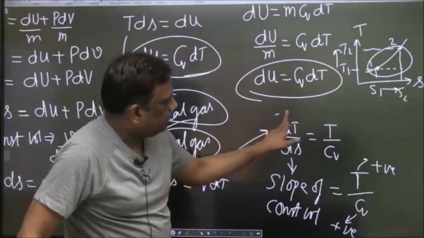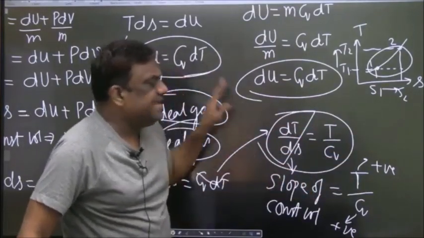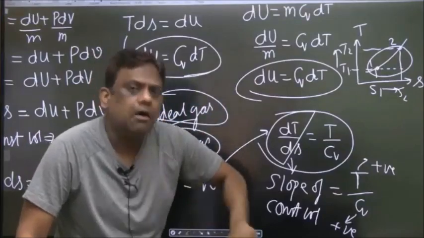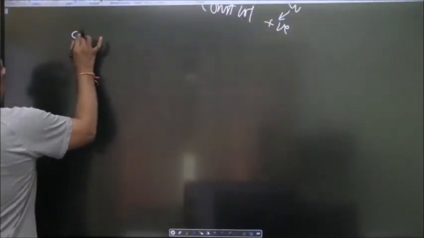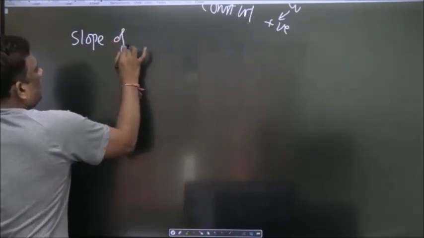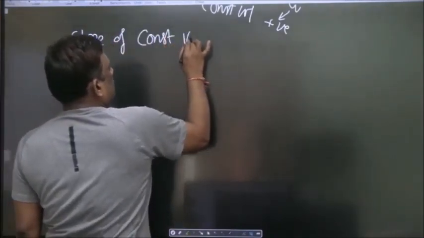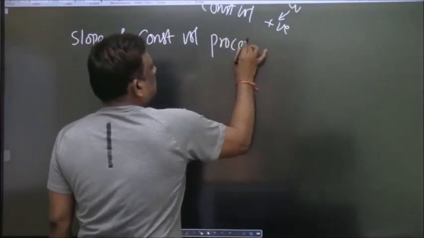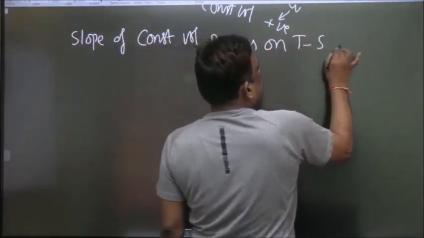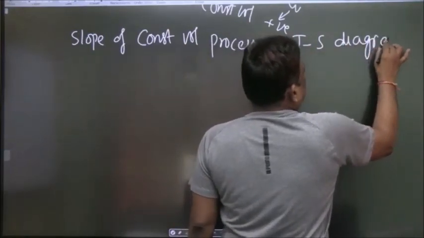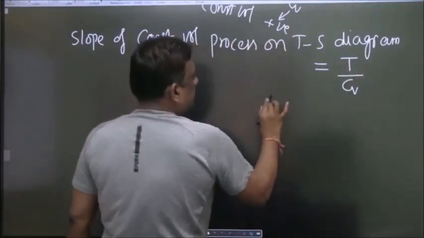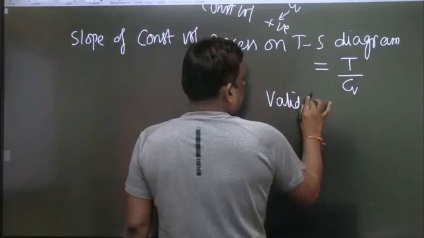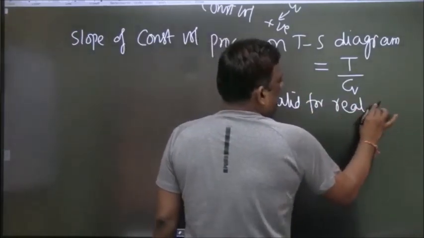So please note down that this equation is valid for any gas. What do you mean by any gas? Ideal or real, because we have derived it for constant volume. And this is very, very important. Finally I'll put it like this: the slope of a constant volume process on the Ts diagram is equal to T by Cv, and this is valid for real and ideal gases.